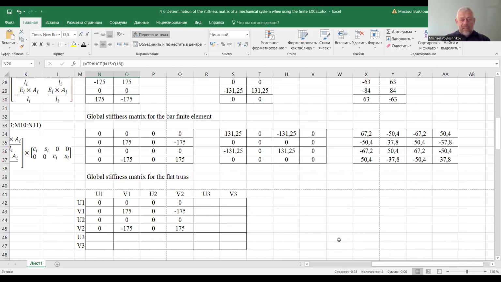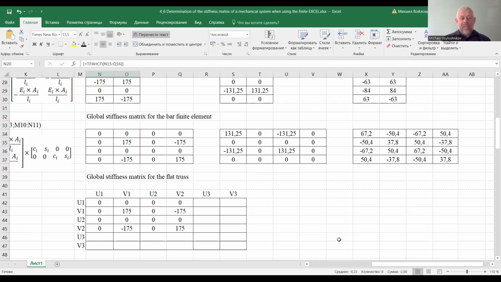To do that, perhaps you remember that in article 4.4 we made the so-called matrix of the incidence of the knots displacement of the truss of the mechanical system on one hand, and on the other hand the incidence with the displacements of the ends of each finite element.